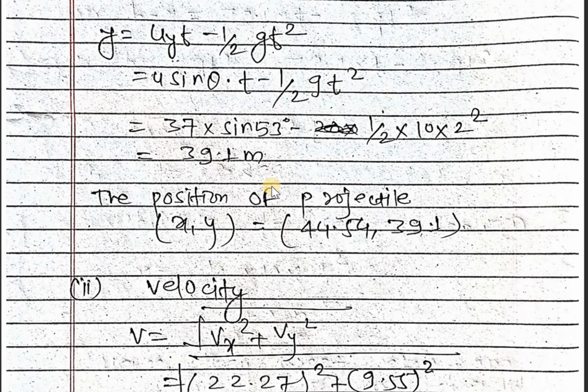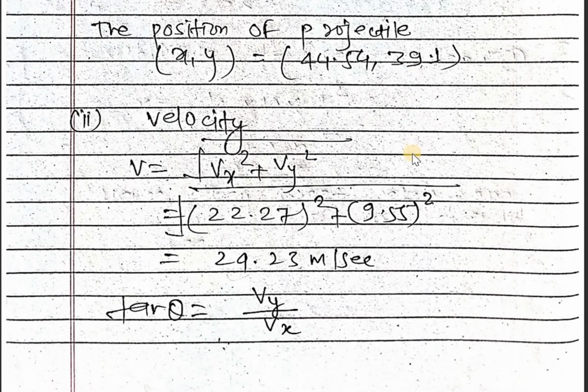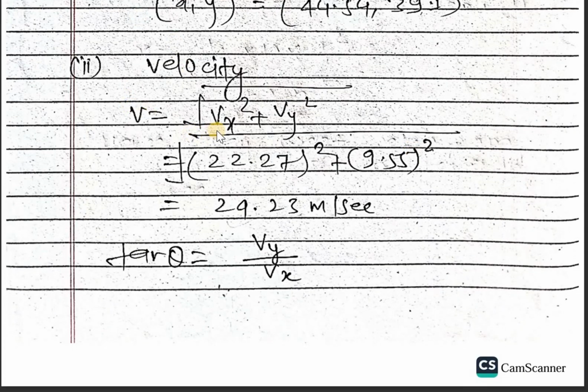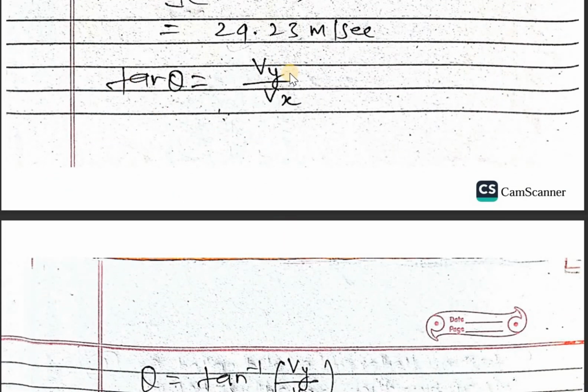39.1 meter. So the position of the projectile x and y is 44.54 and 39.1, and the velocity equal to root under vx square plus vy square. Putting the value of vx and vy, we can get the magnitude of velocity as 24.23 meter per second, and tan theta equal to vy upon vx.